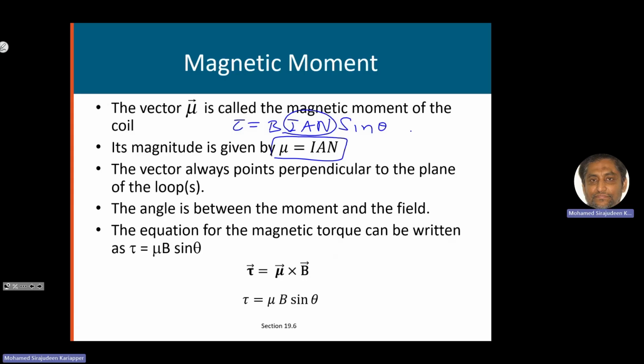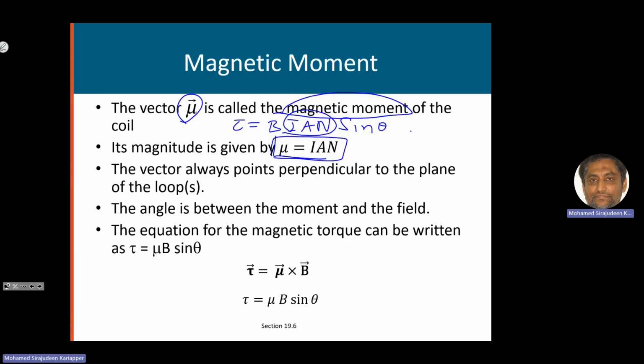This is entirely for the current carrying loop, independent of whether we keep it in a magnetic field or not. I is the current flowing through the loop, A is the area of the loop, and N is the number of loops. We are going to call this the magnetic moment, and give it the symbol mu.